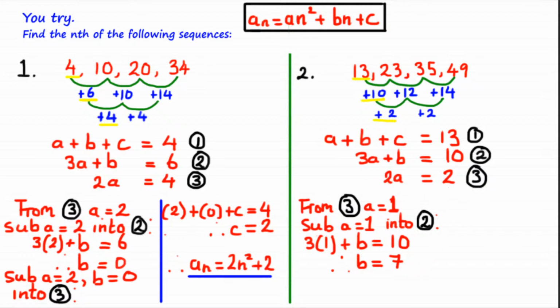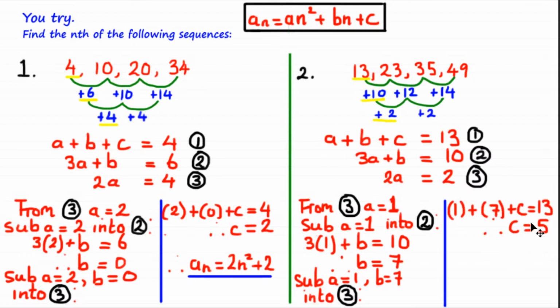Substituting these values into equation 1, we can find the final unknown, c. 1 plus 7 plus c gives us c is equal to 5. Finally, now we have a, b, and c, we can simply write out that the nth term is n squared plus 7n plus 5. So that's how you find it.